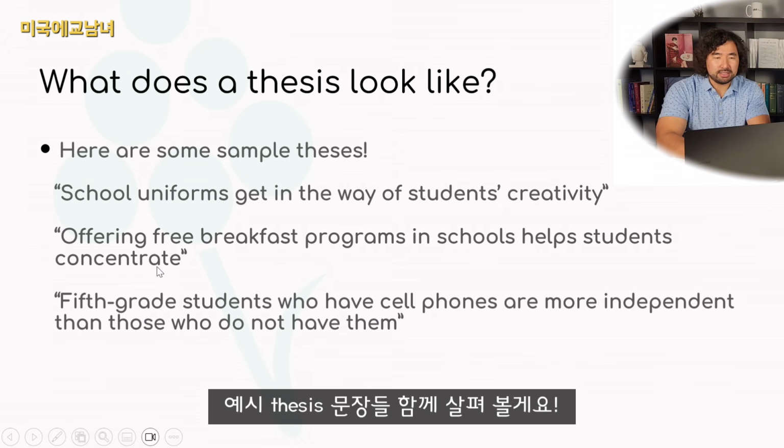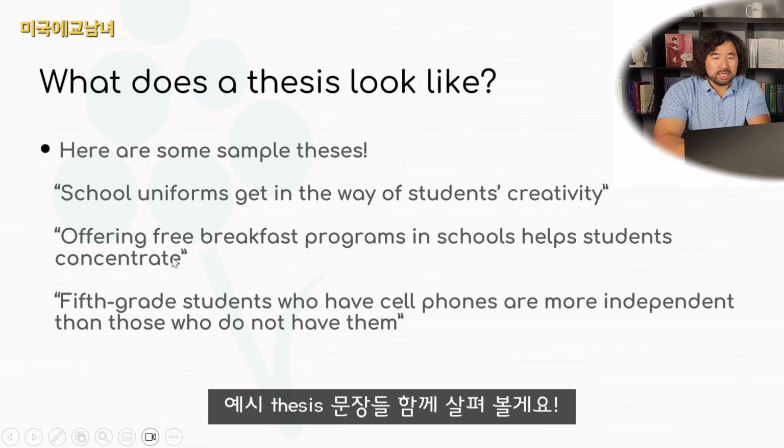Again, one sentence. From this we know the paper is about how providing free breakfast programs to students helps them better concentrate, and whether there is any correlation or causal relationship between these two variables. The third example: 5th grade students who have cell phones are more independent than those who do not have them.